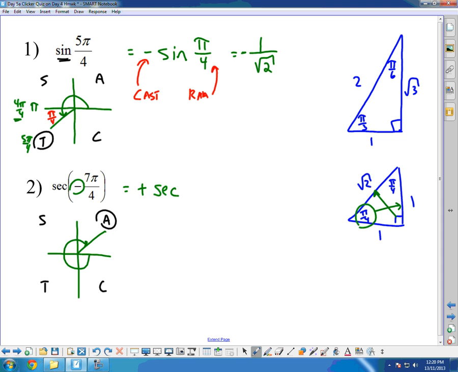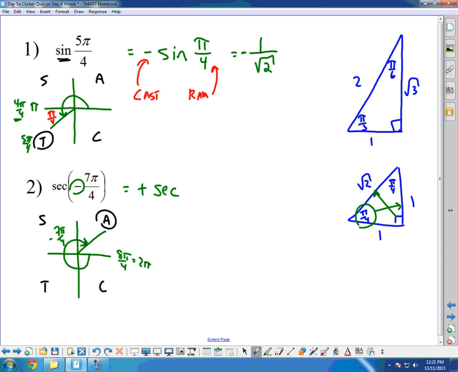Now, I know secant is the reciprocal of cosine, so if I was someplace else, I'd have to see if the cosine was positive. That would tell me if the secant is positive. In this case, they're all positive, so we're okay. And now we have to figure out the related acute angle. Well, since this whole rotation is 7 pi over 4 in the negative direction, one extra one would get me to 8 pi over 4, or 2 pi.